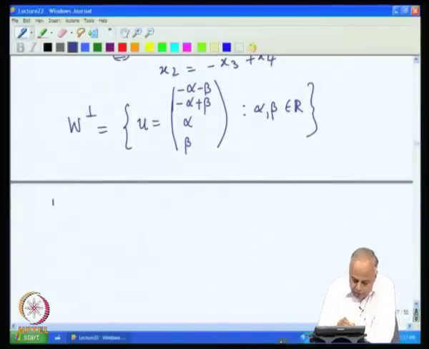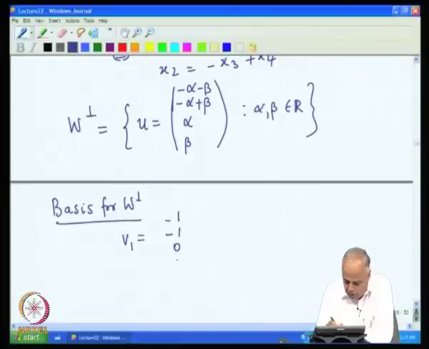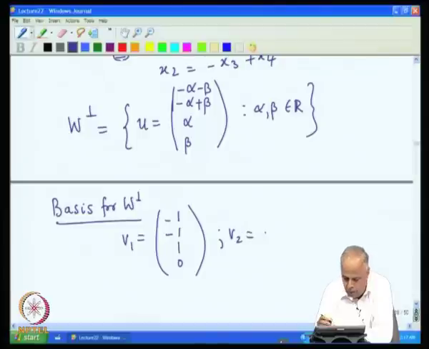Now, what is the basis? W perp being a subspace, a basis for W perp is given by v1, if we take alpha equal to 1 and beta equal to 0, we get minus 1 1 1 0, and v2 by taking alpha equal to 0 and beta equal to 1.